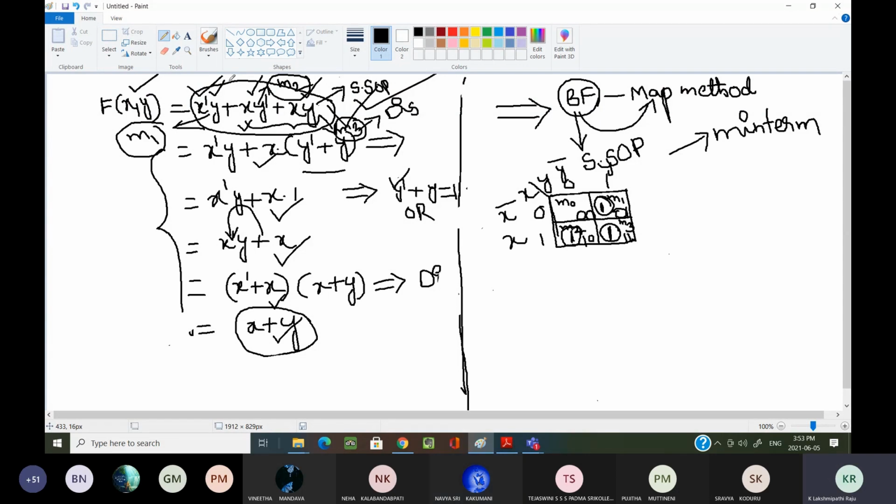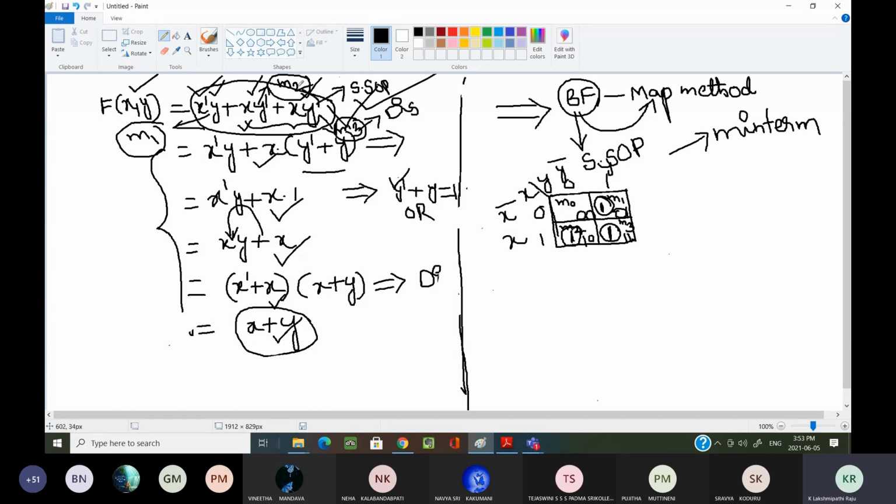Suppose I want to derive a Boolean function, how am I deriving it? From where is it coming? From the truth table. I have just explained the same point. How are we getting this expression?